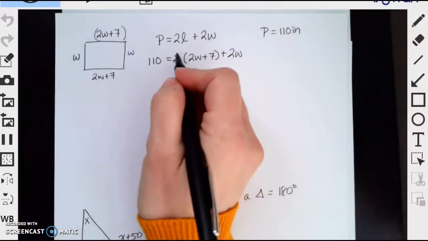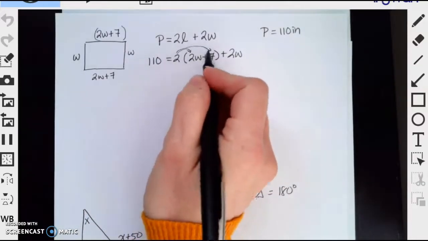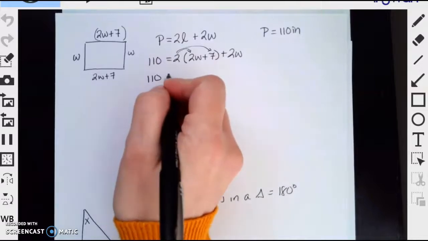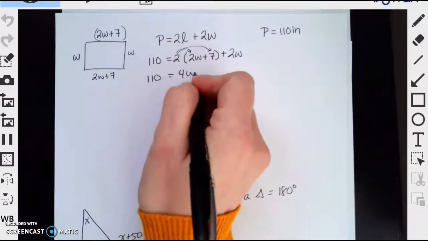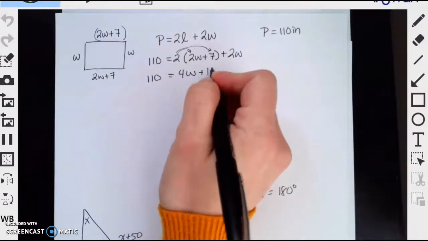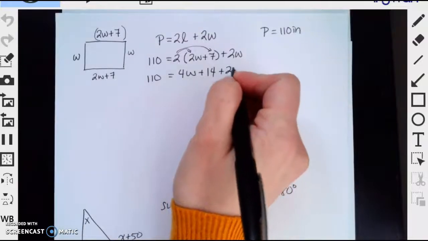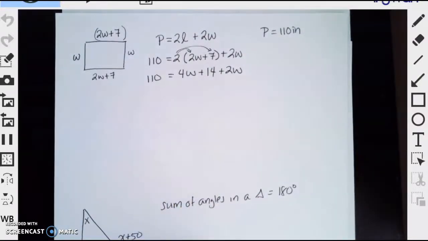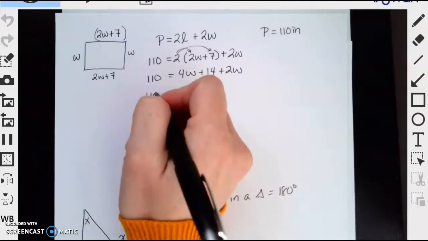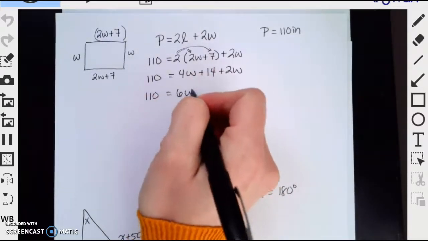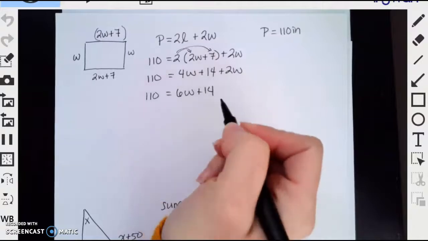So first thing I need to do is distribute the 2 here to open up those parentheses. 110 equals 4W plus 14 plus 2W. I'll combine like terms that are on the same side. 4W and 2W are 6W. 110 equals 6W plus 14.